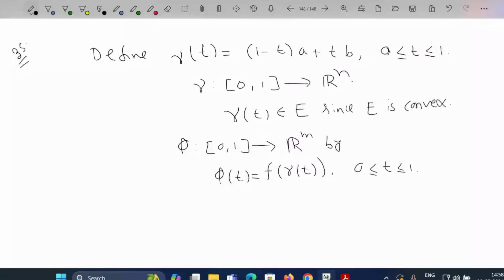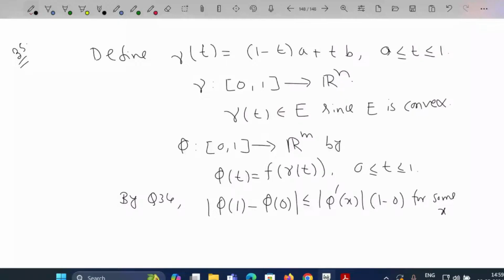If it is clear, then by question number 34, mod of phi of 1 minus phi of 0 will be less than or equal to mod of phi dash x into 1 minus 0, for some x belonging to 0, 1.